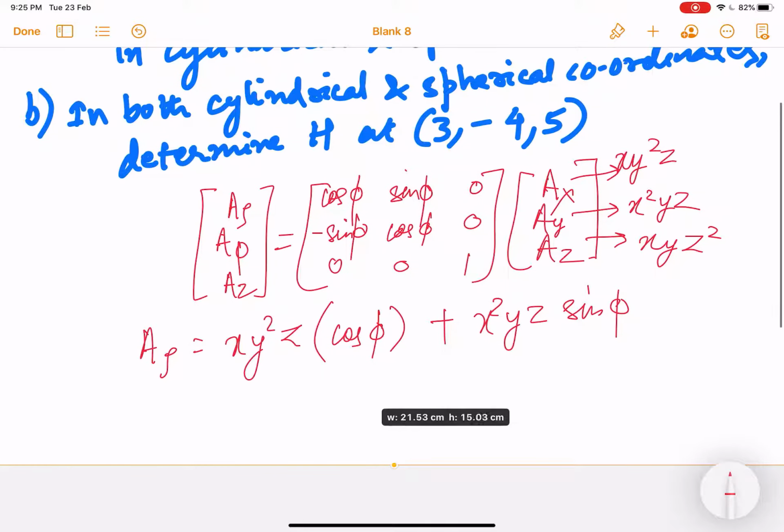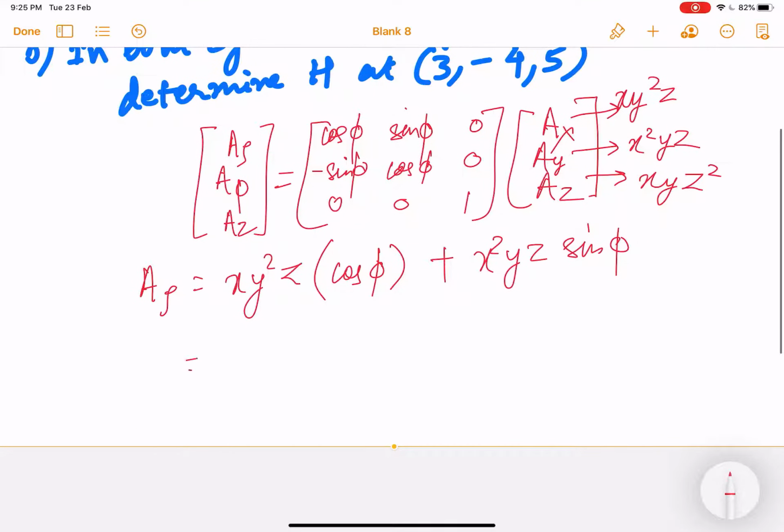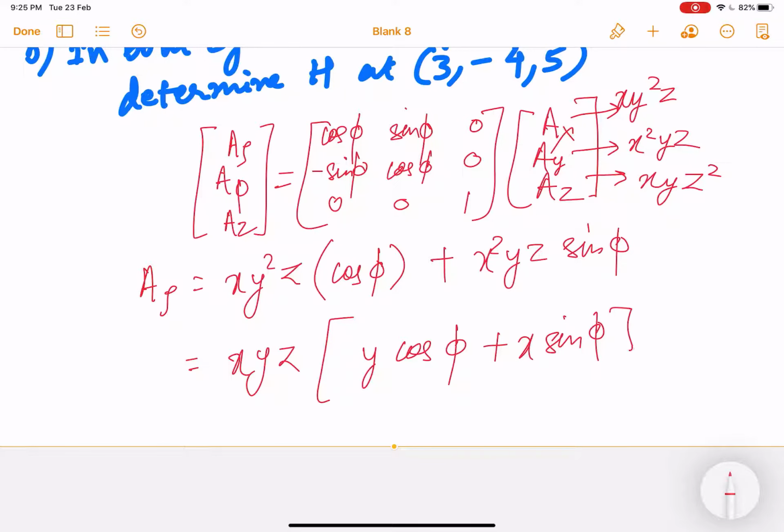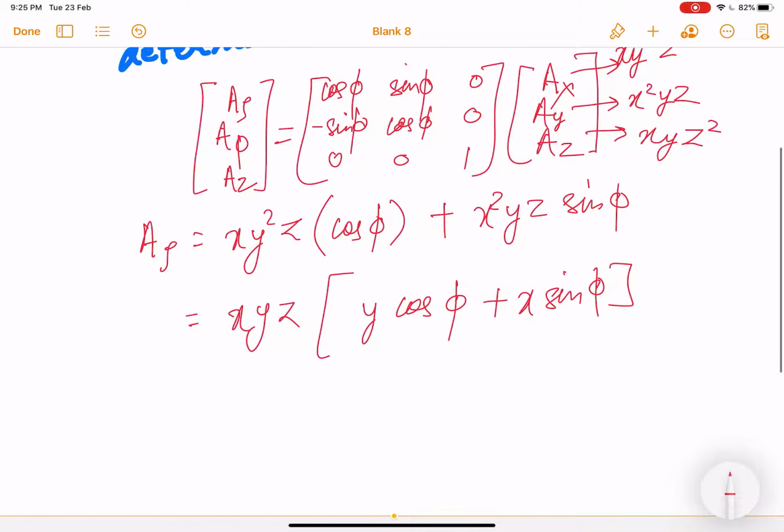Let me take xyz common. So what do I get? y cos phi and x sin phi. Then instead of x I can write rho cos phi, instead of y I can write rho sin phi, and z will be as such.